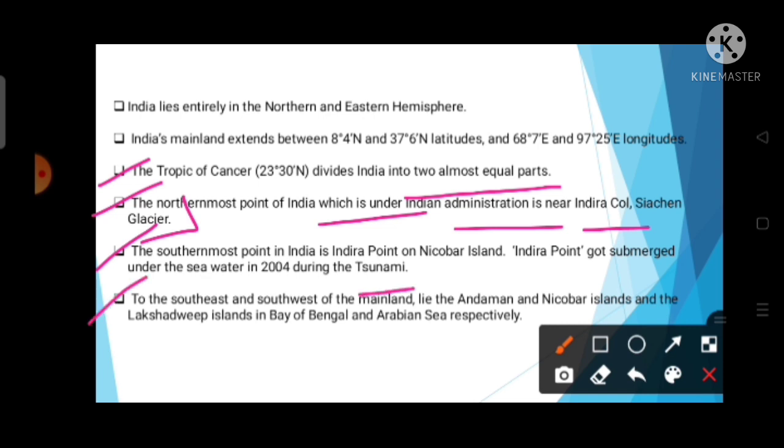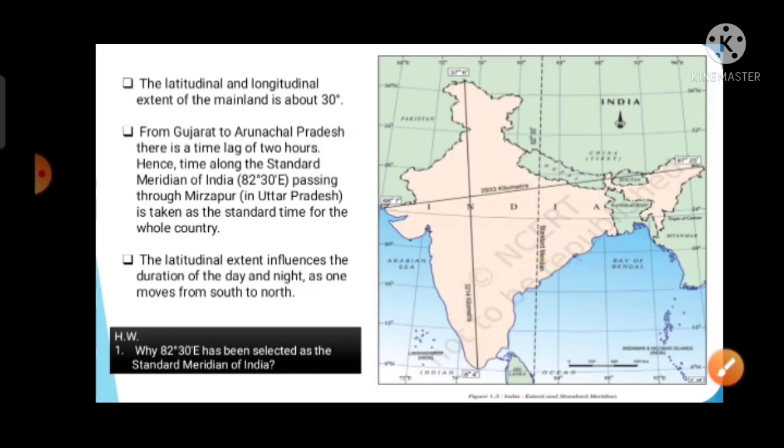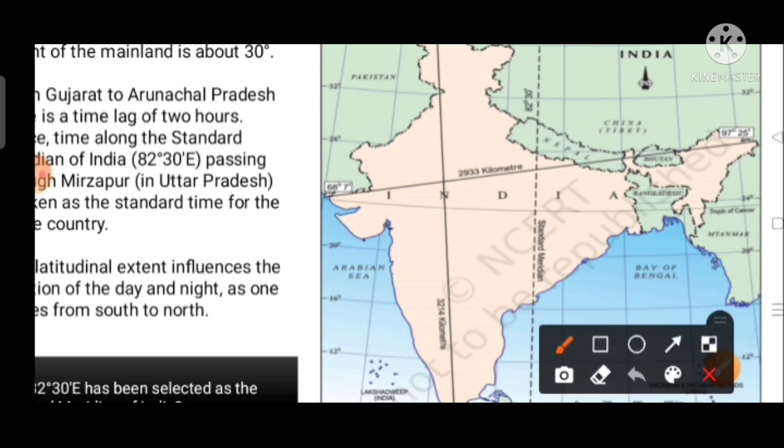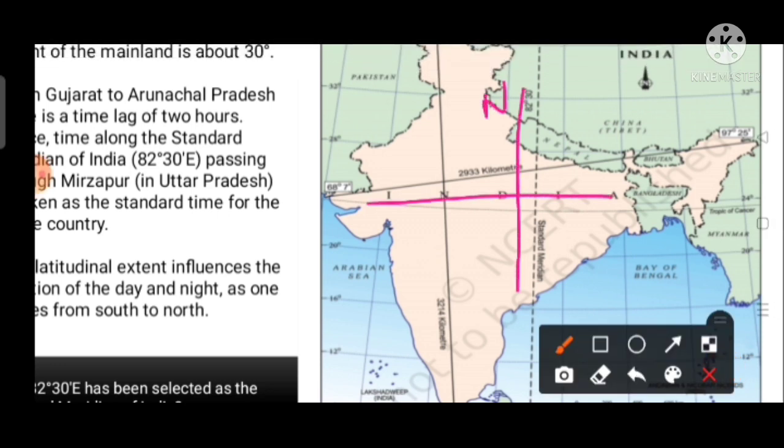Next, to the southeast and southwest of the mainland lie the Andaman and Nicobar Islands and the Lakshadweep Islands in the Bay of Bengal and Arabian Sea respectively. So, in the map, to the southeast and southwest of mainland, north, south, east, west, okay.